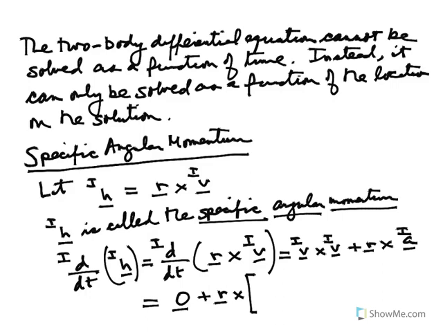From the two-body differential equation, A_I is equal to minus mu over R cubed times R, and because minus mu over R cubed is a scalar, this gives minus mu over R cubed times R crossed with R. But R crossed with R is 0, so this gives the 0 vector.